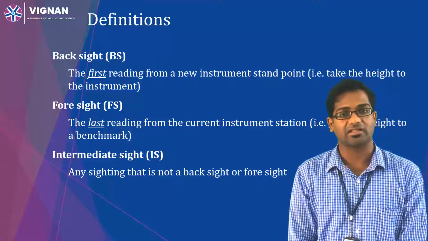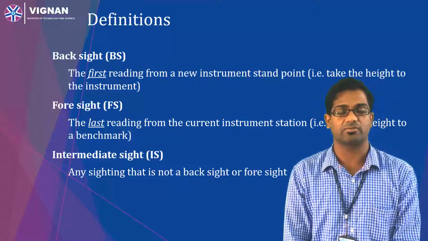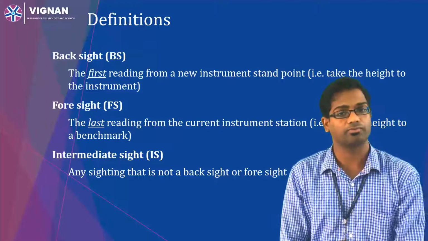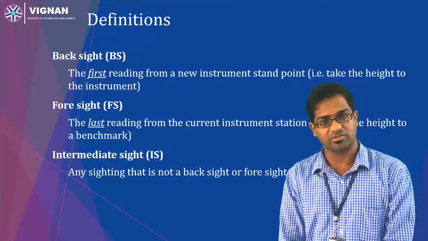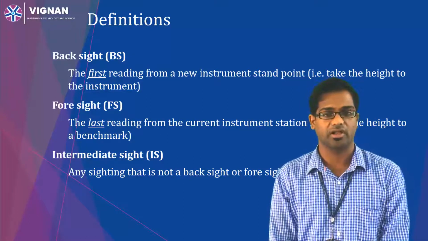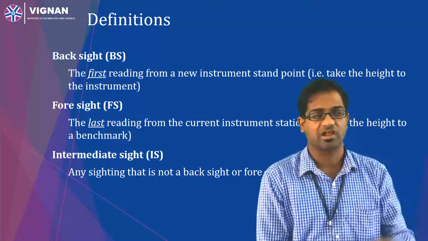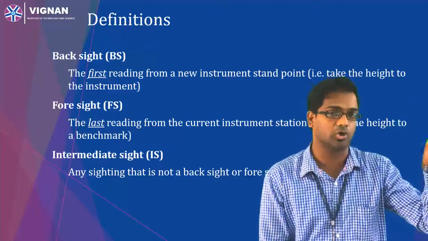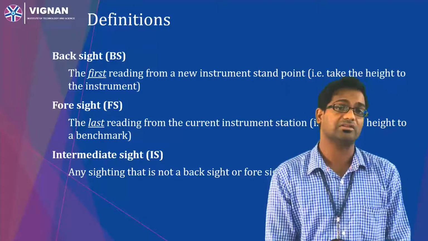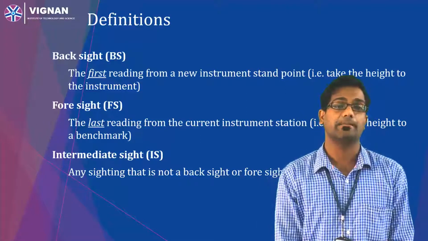At back sight, the elevation or reduced level of the point is already known to you. I repeat, when you set up your instrument station at a certain point and sight to a station where the elevation is already known, that sight is called a back sight.